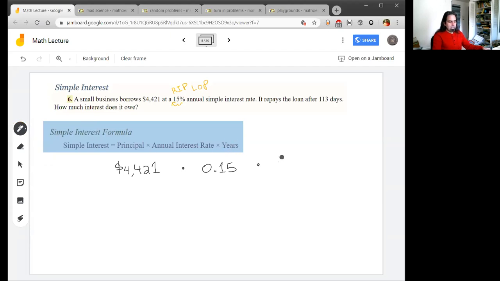If it was exactly a year, we'd put a 1 there. If it was a 2-year loan, we would put a 2 there. In this case, it's less than a year. It's 113 days. So it's a fraction of a year.